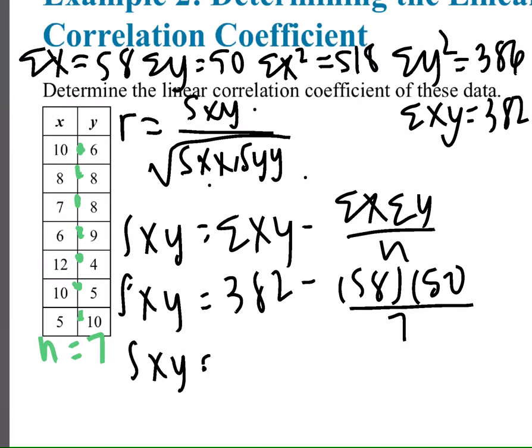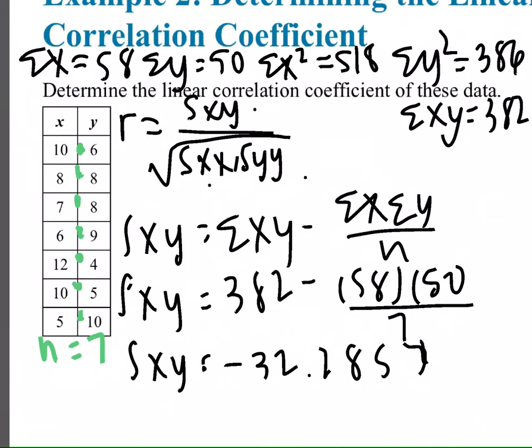When you put this in your calculator, you should get negative 32.2857. Let me rewrite that 7, that's not very good.